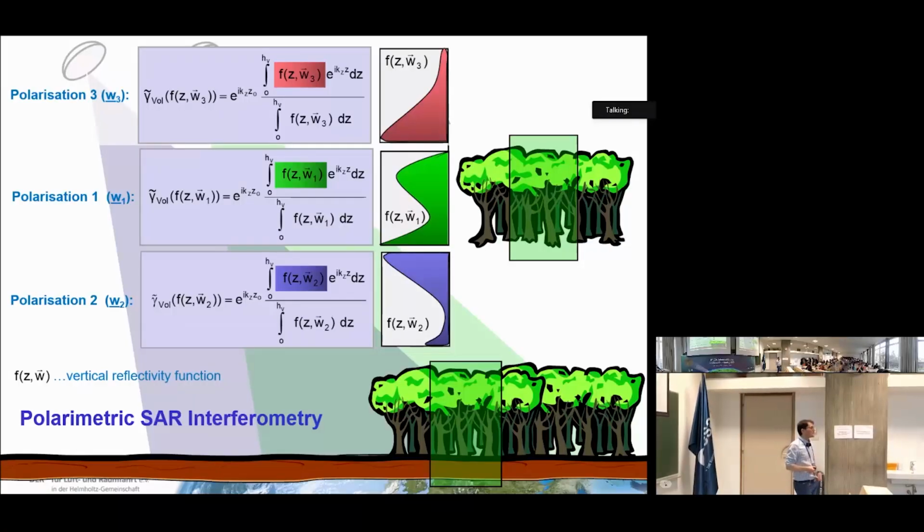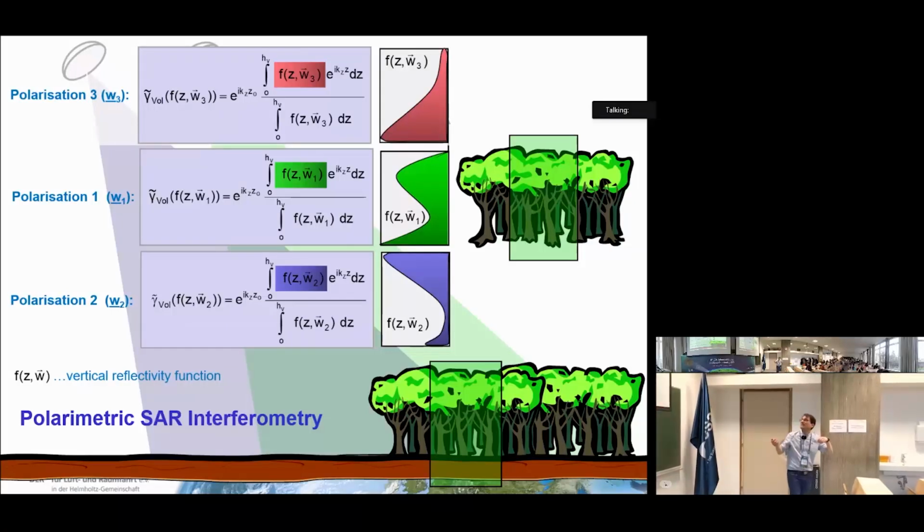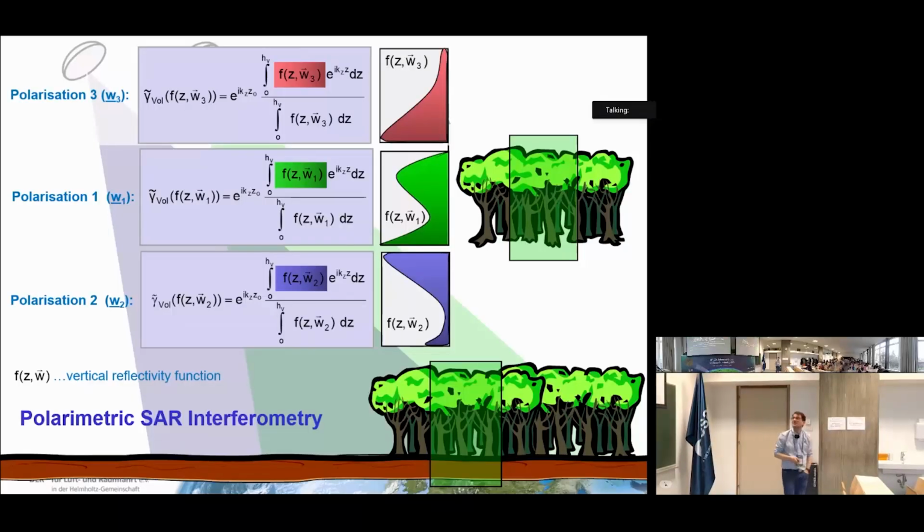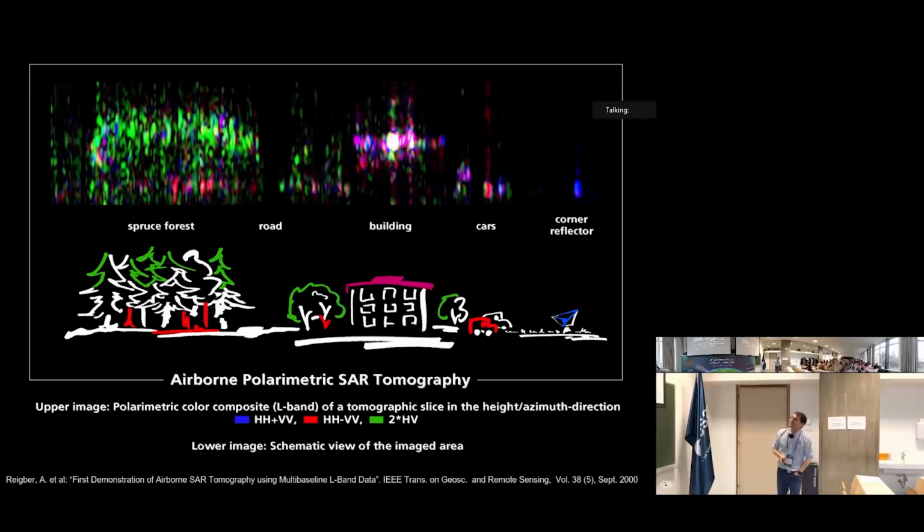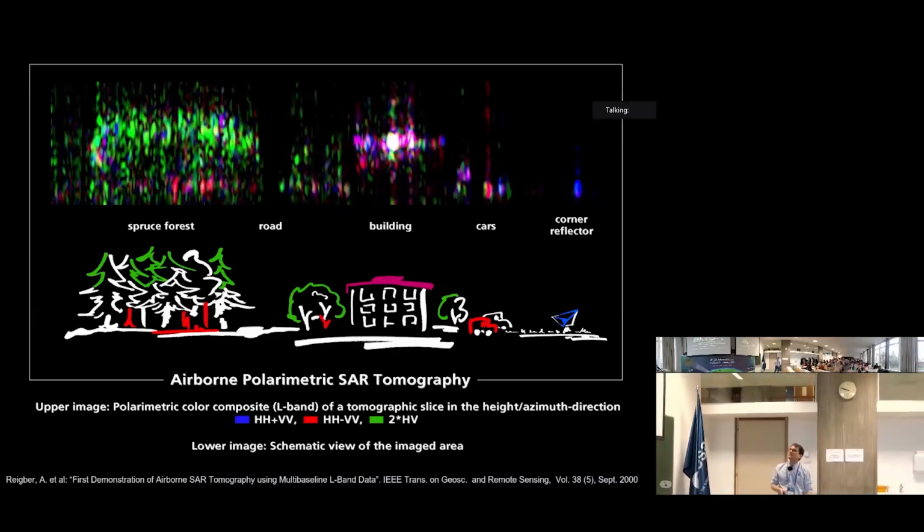So by changing the vector W, so the polarization, you also try to move your coherence in a radial direction in the complex plane. We will see later what it means.